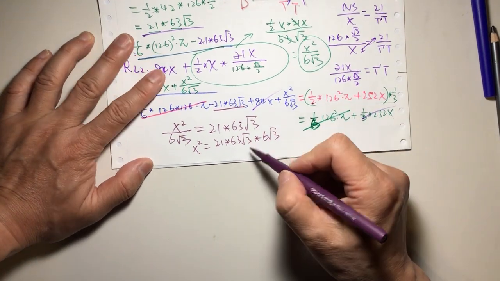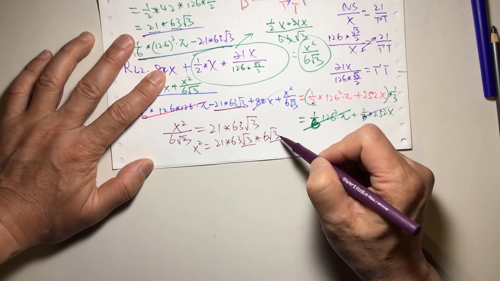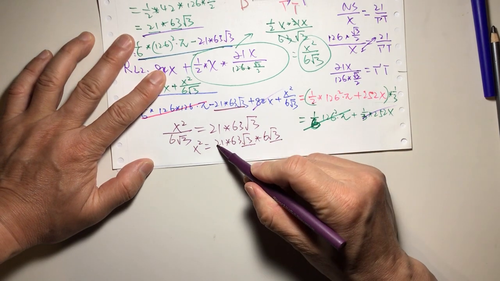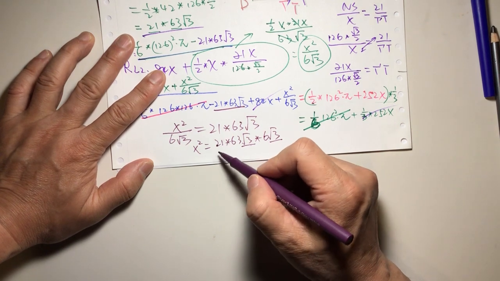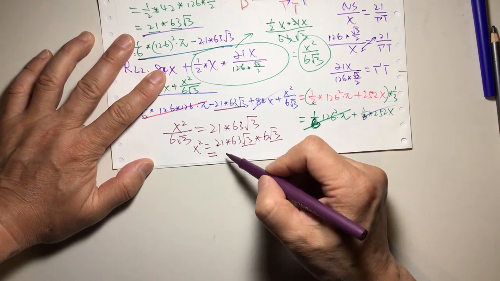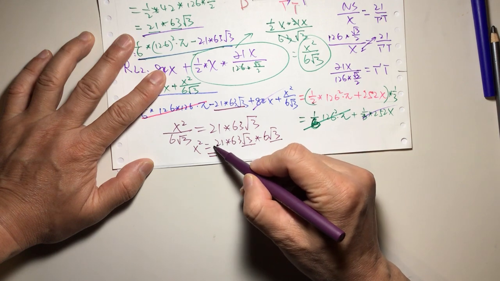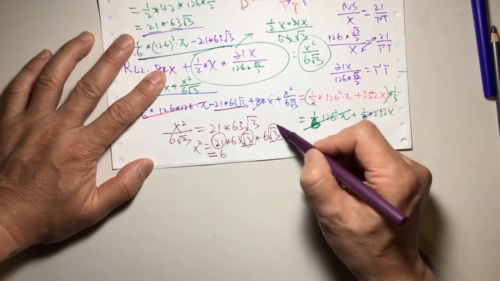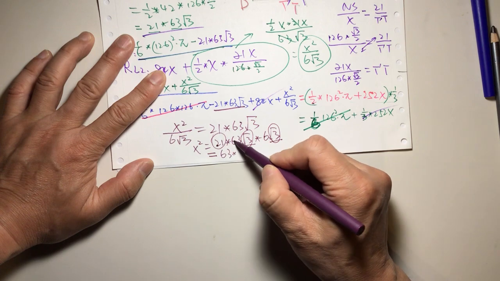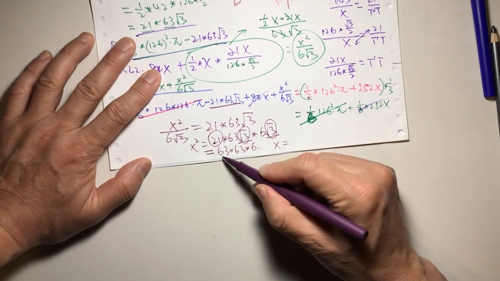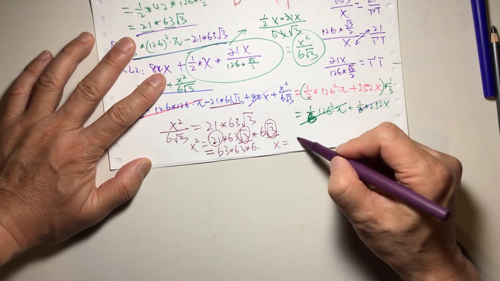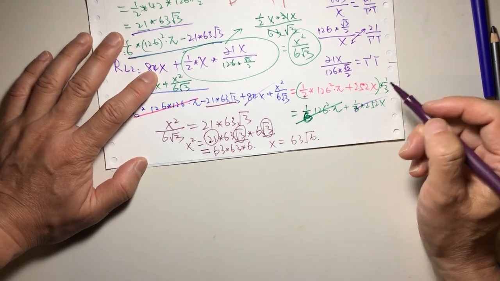So what does it mean? Square root of 3 times square root of 3 is 3. 3 times 6 is 18, 21 times 3 is 63. Then 63, then 6. So x equals, take the square root, 63 square root of 6.